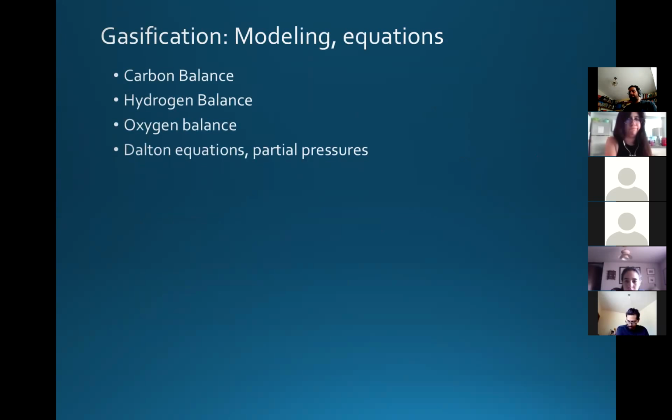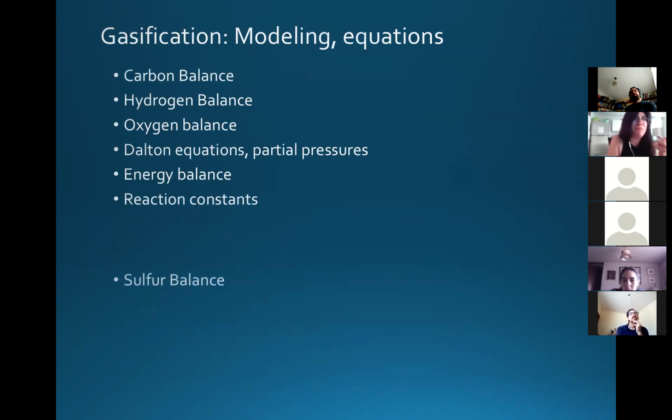We need Dalton's equations for the partial pressures of each component. We need to do an energy balance, so that takes into consideration if we need to vaporize any of the components, we need the enthalpy of it. We need the sensible enthalpy to know how much heat is going to absorb each component. We need the reaction constant that you can obtain in a lab.